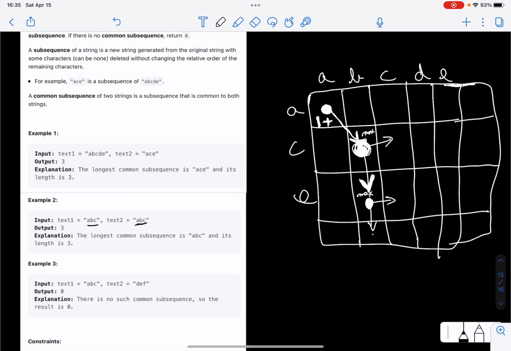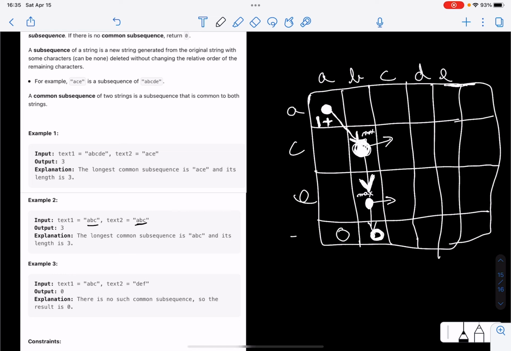Oh, we see that we reach here, but there is no character corresponding to that location in the row. And that's because being at this position over here means finding the longest common subsequence between B, C, D, E and an empty string. So what's common between an empty string and B, C, D, E? Nothing is common, and hence by default we would have the value of 0 over here.